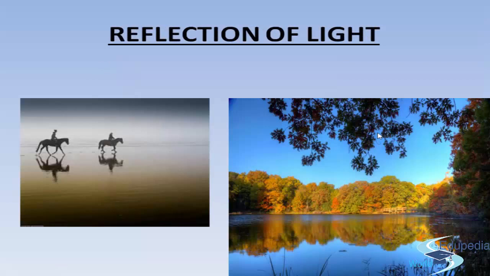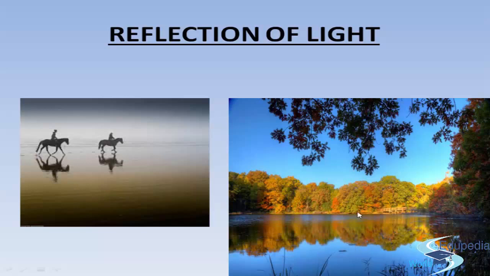Now the laws of reflection actually hold everywhere. Whether it is water, glass, or mirrors, anywhere, the laws of reflection are always complied with in nature. Let's say this is the water. You see the reflection in the water, and that is again because of the laws of reflection.